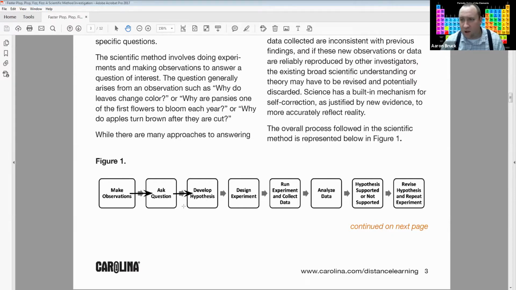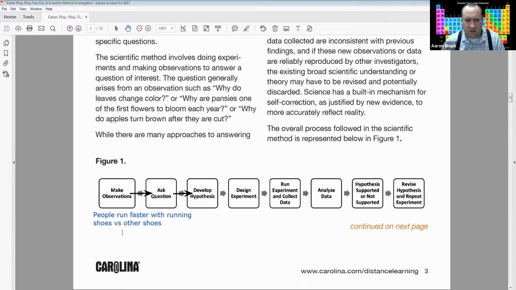So we go and ask the question, we make an observation. Our observation is a person can run faster with running shoes versus other shoes.